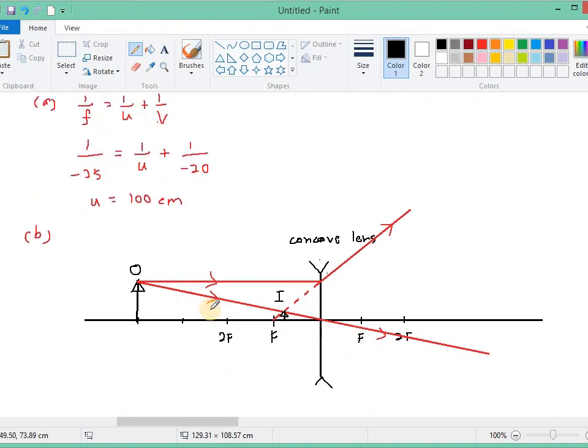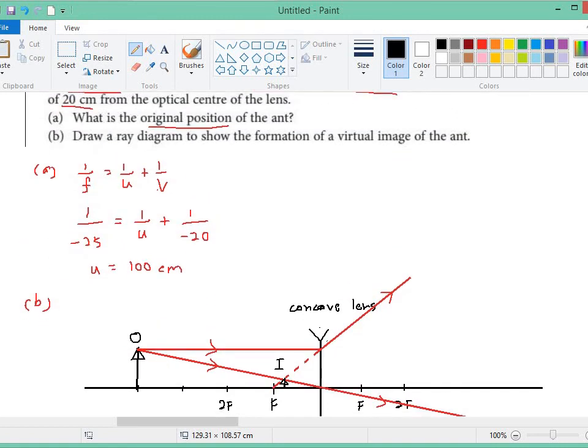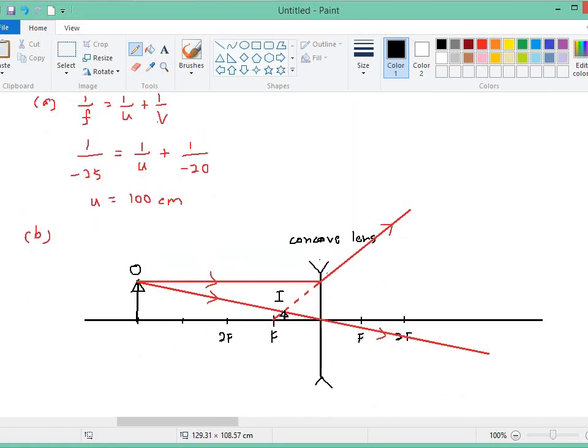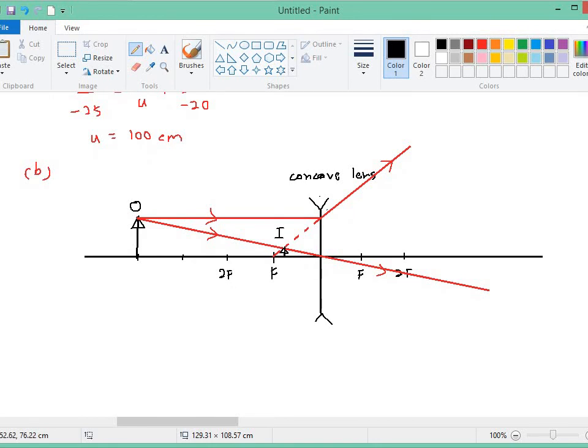I think that's all, everything is there. So this is the ray diagram for the formation of a virtual image.